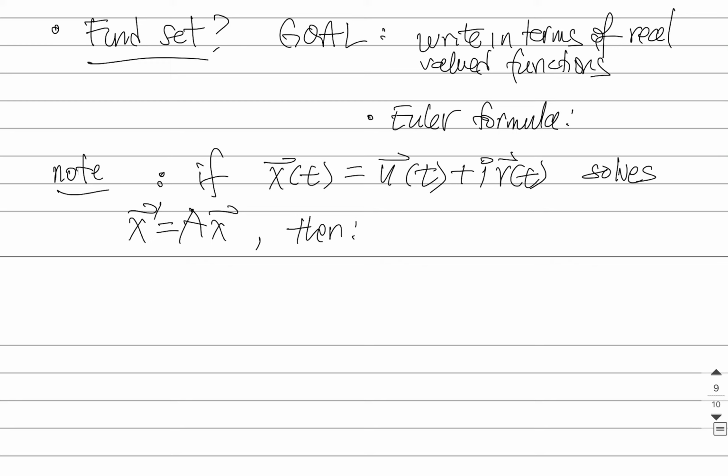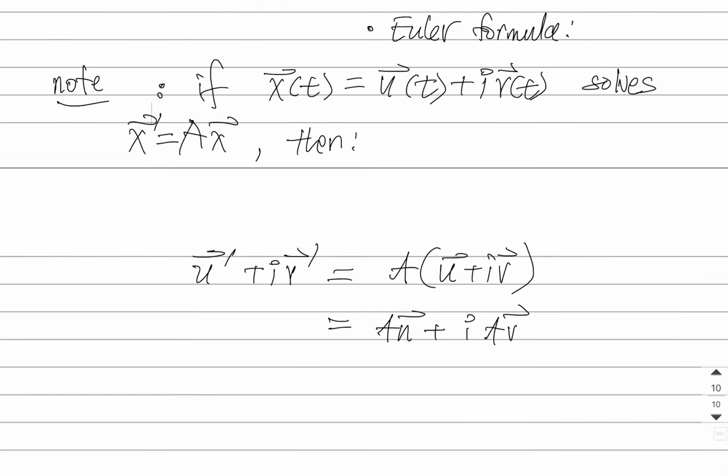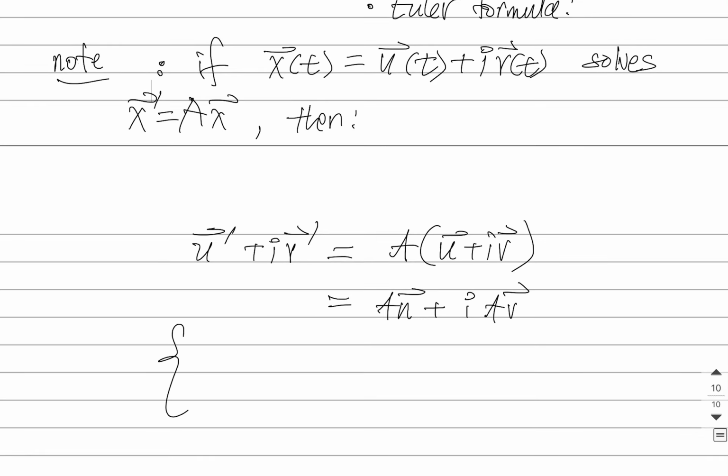If I plug all of this in, I'd have u prime plus i v prime equal to A times u plus i v. If I equate the real and imaginary parts, I end up with u prime equals Au and v prime equals Av.